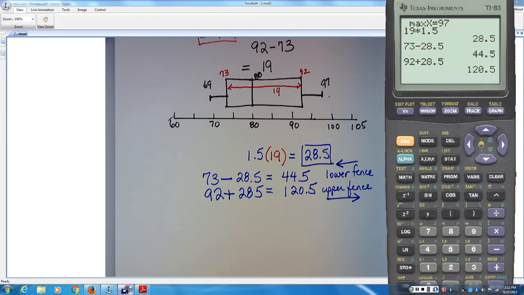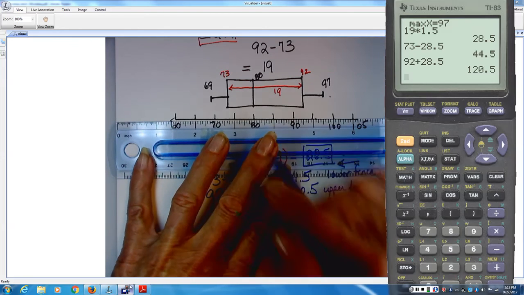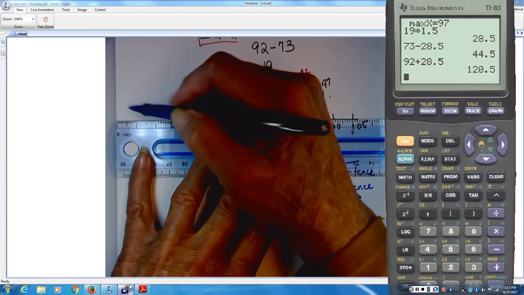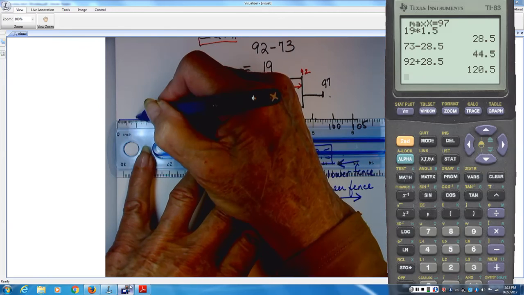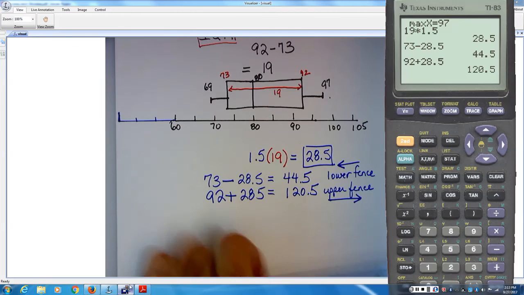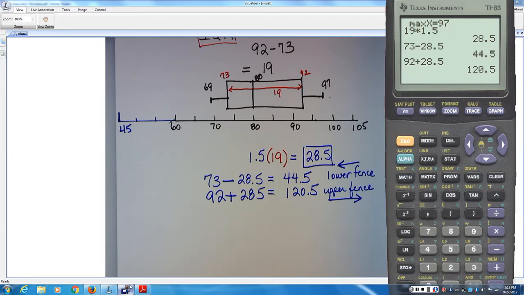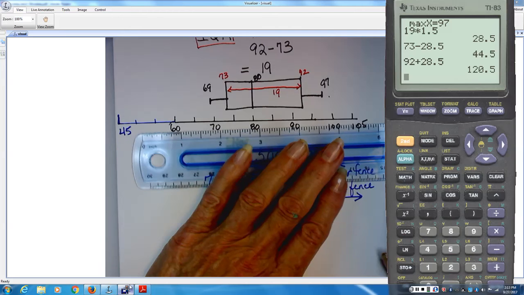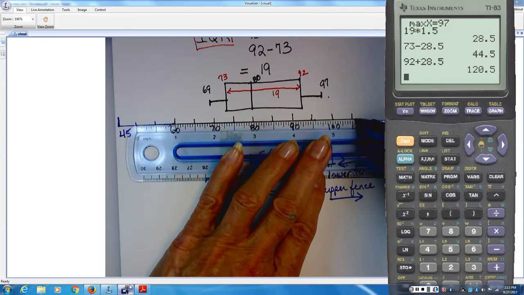And the reason it has no outliers is because if I extend my number line down here a little bit, here's 45. And my upper one is, well, no, not quite. I'll have to extend my upper one too. I'll have to get the calculator out of the way.